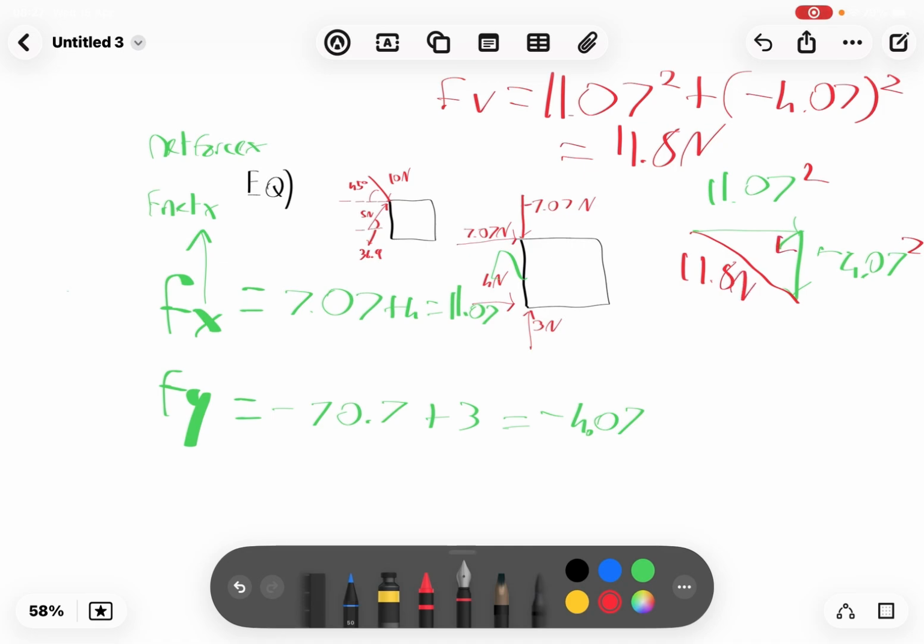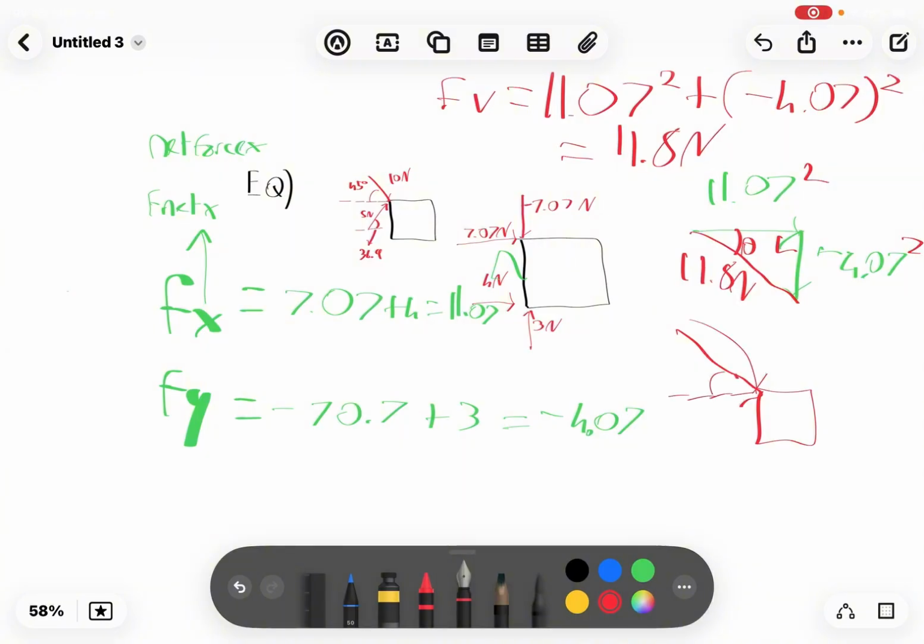And over here we have the right angle, so the angle will be here. Why not here, you might ask? Because if you think about it, let's say the box, we're having the force, it's going to be over here.